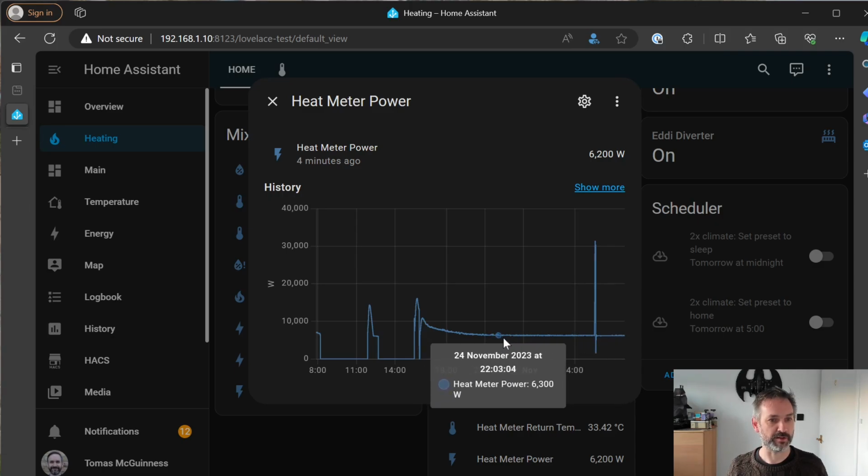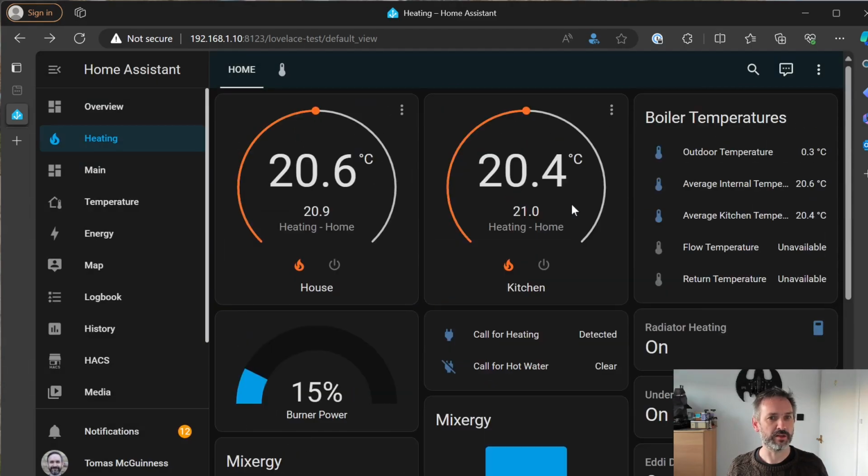From about 9, it's been hovering around 62, 61. So that's 6.2 kilowatts, which is great. If we look at that now, we'll call that 20 and a half. I think we split the difference, so we could just call it a 20-degree temperature difference.